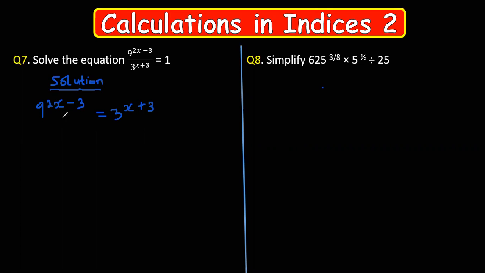And then now you need to look at the bases, the base here and the base here. So the lowest base here is 3, and then we have 9 here. So we are going to make this 9 have the same base with this expression, which is going to be 3 raised to the power of 2 brackets 2x minus 3, and then we close this bracket, equal to 3 to the power of 1 if you want to put it that way.